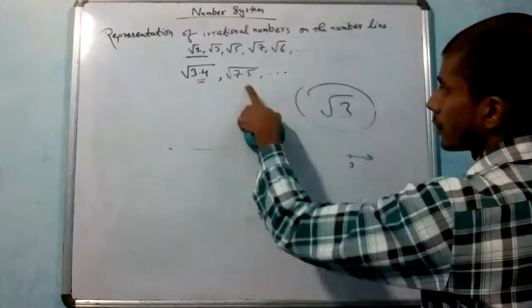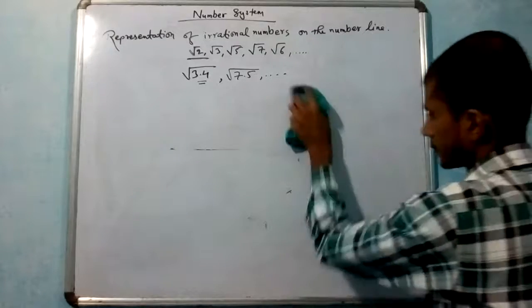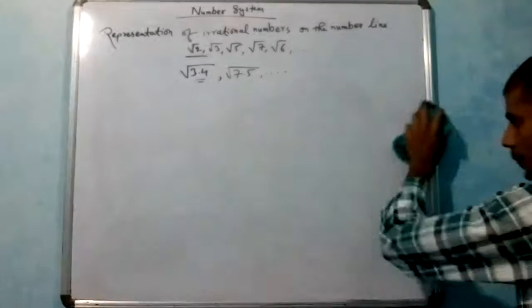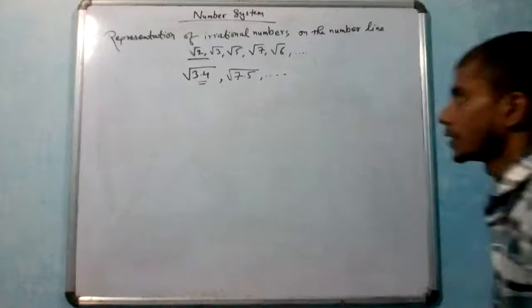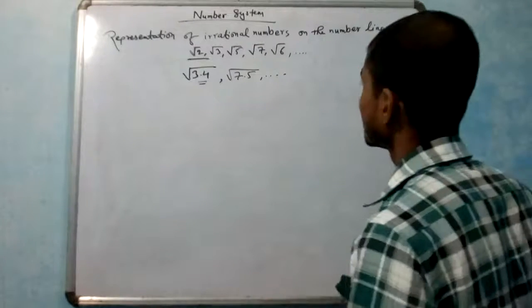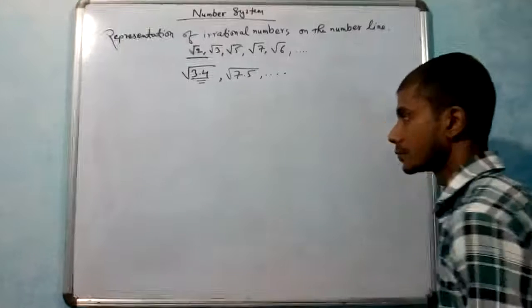Now the question is how to get the root of these decimal fractions. Okay, so there is a direct way. Any value there is, we can get easily. See how. What is this? 3.4, no?